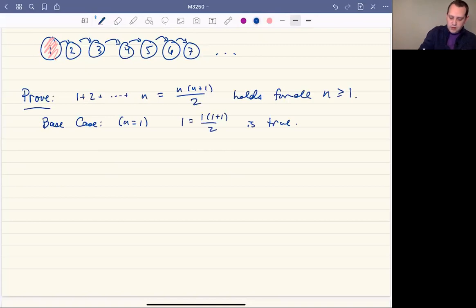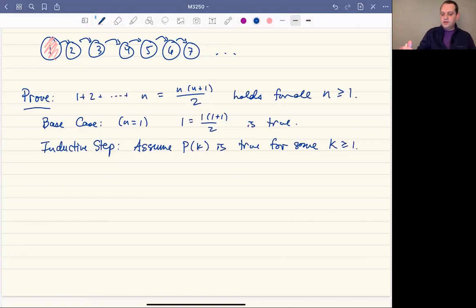It's crucial. For the inductive step, what we're going to do is as follows. We're going to say, suppose that, we need to be a little careful here, but assume that P of k is true for some k.